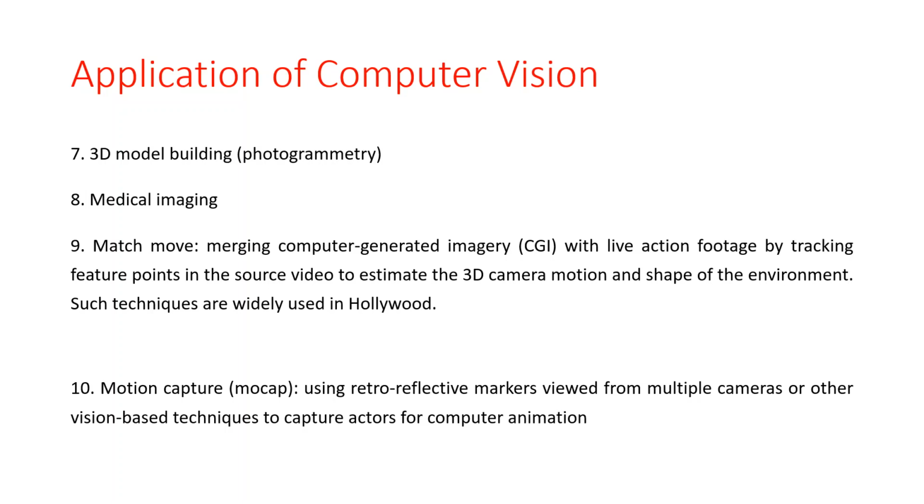Match move is used for merging computer generated imagery, that is CGI, with live action footage by tracking feature points in the source video to estimate the 3D camera motion and shape of the environment. Such techniques are widely used in Hollywood.